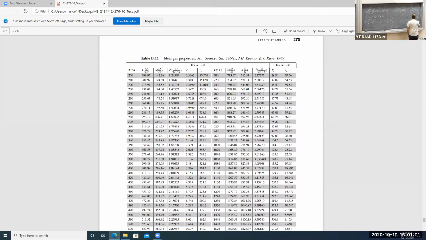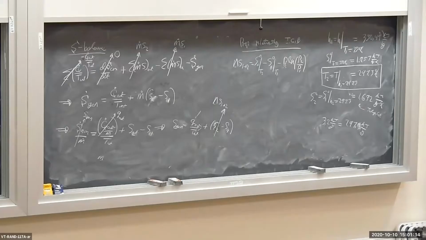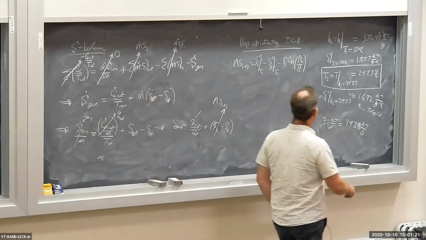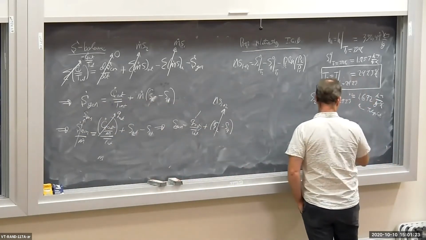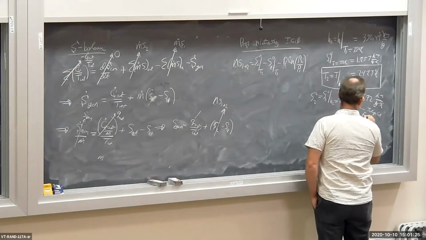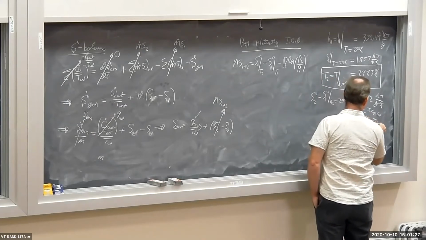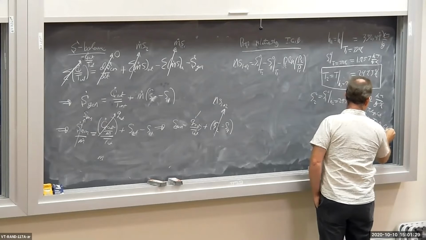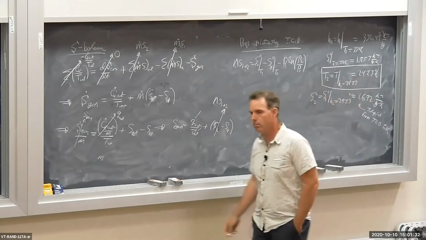I'll write here, interpolated s0 is 1.692, and that's interpolated from the ideal gas air table, okay?